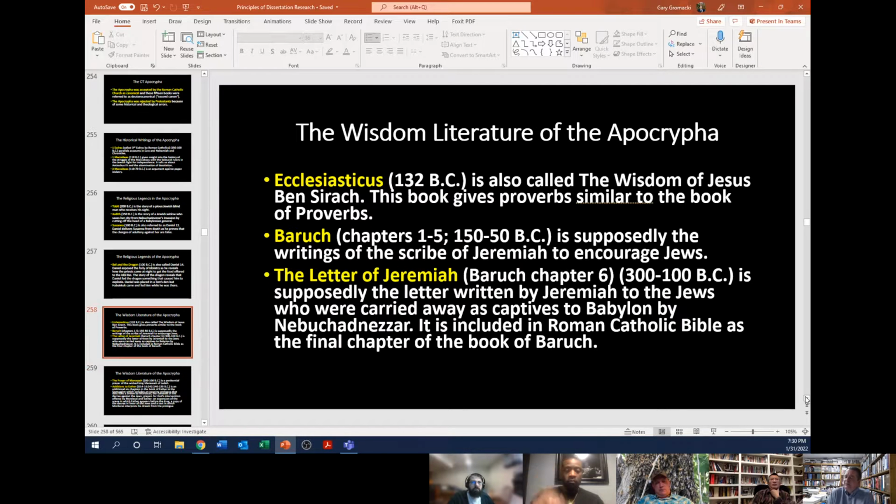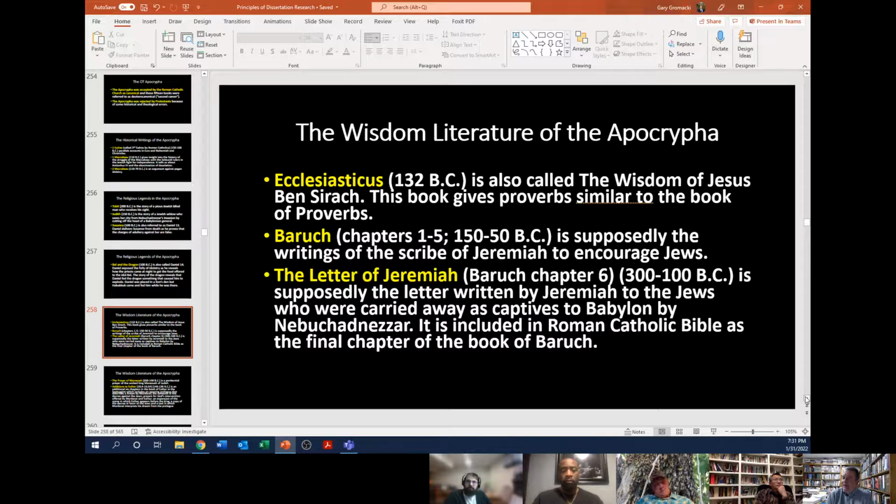Then you get into the wisdom literature. Ecclesiasticus, called the Wisdom of Jesus ben Sirach. The book is similar to the book of Proverbs. Baruch, supposedly the writings of the scribe of Jeremiah to encourage Jews. Right, so Jeremiah refers to Baruch.